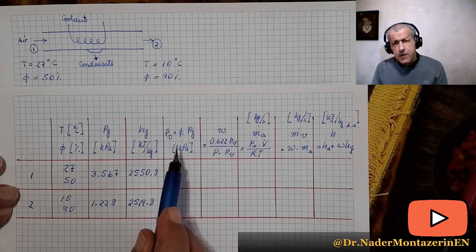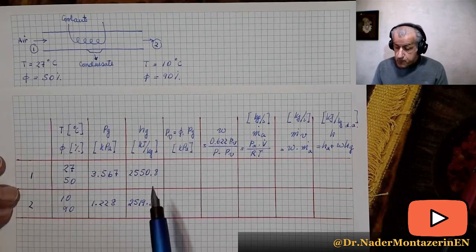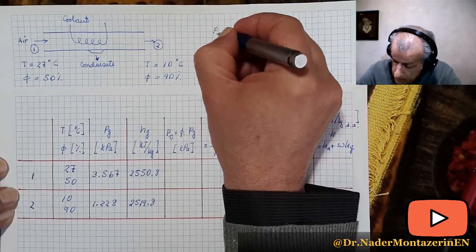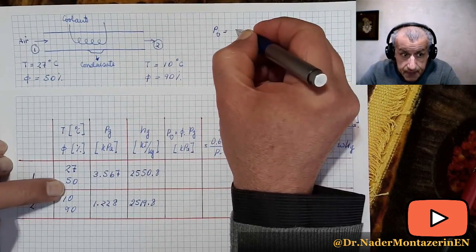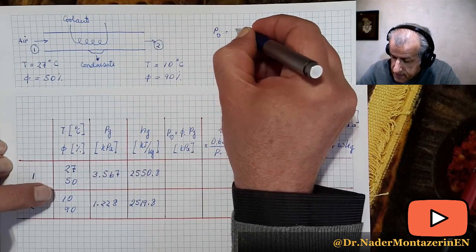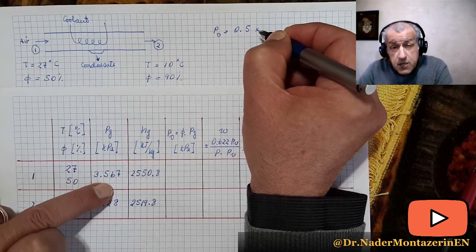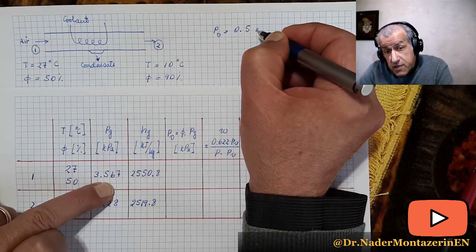Now, the next step for us is to calculate what the partial pressure of water vapor is inside our mixtures. So in this case, PV equals 50%, that is 0.5 times the partial pressure if water was saturated in the mixture.